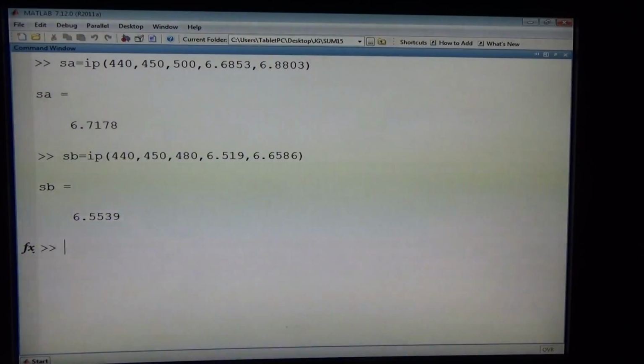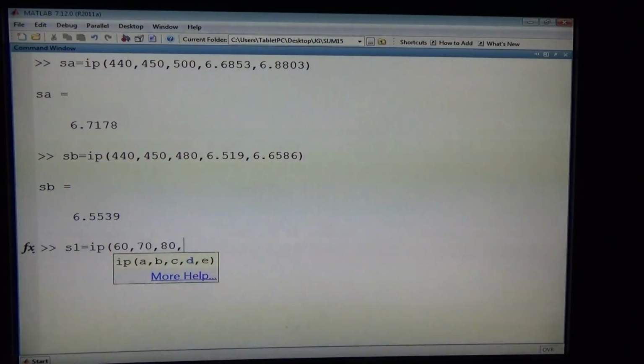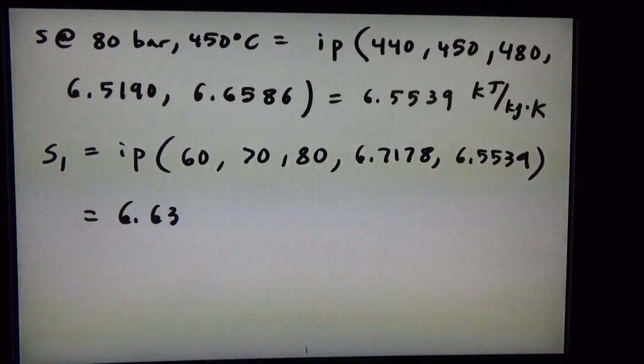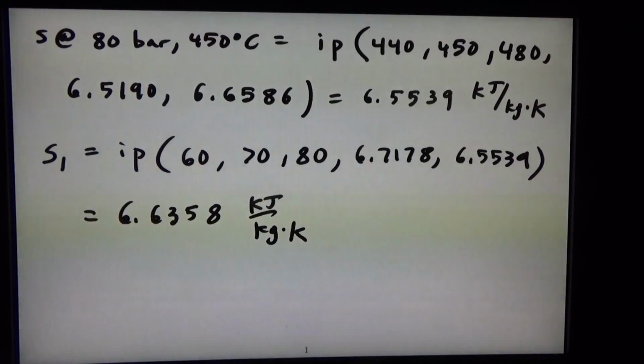So S1 ends up being interpolating between 60 and 80, and between SA and SB. Alright, so our value of S1 turns out to be 6.6358. Alright, so we have S1.